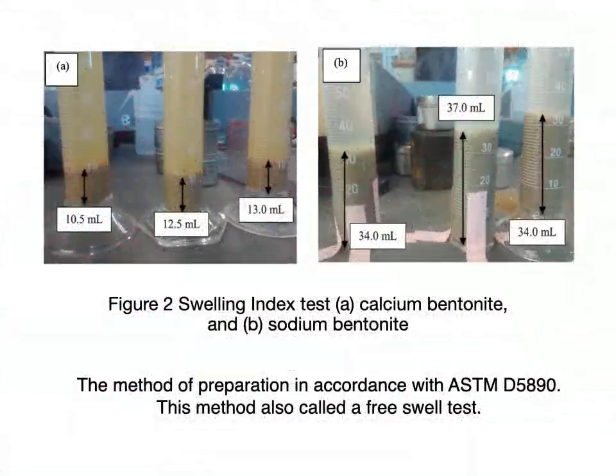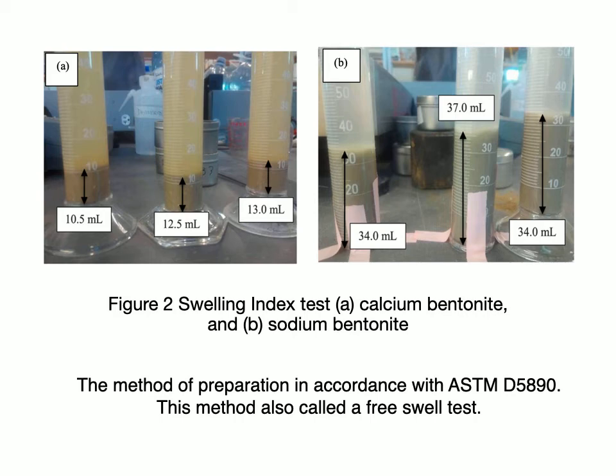These pictures differentiate between calcium bentonite and sodium bentonite. This is the experiment used for the swelling test, also called the free swell test. The preparation method follows ASTM D5890.